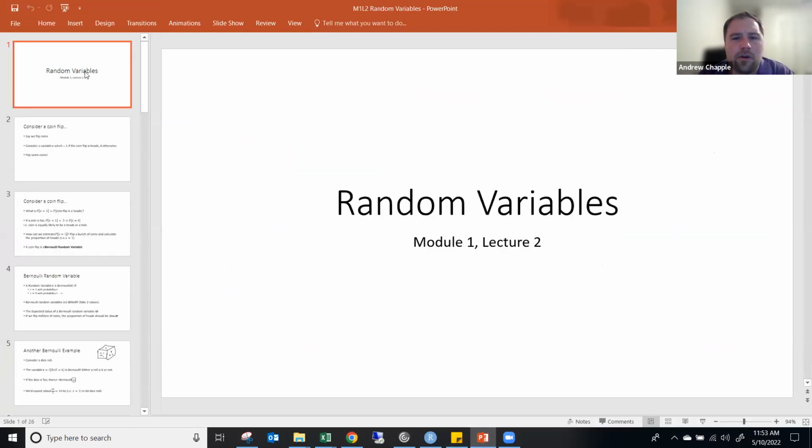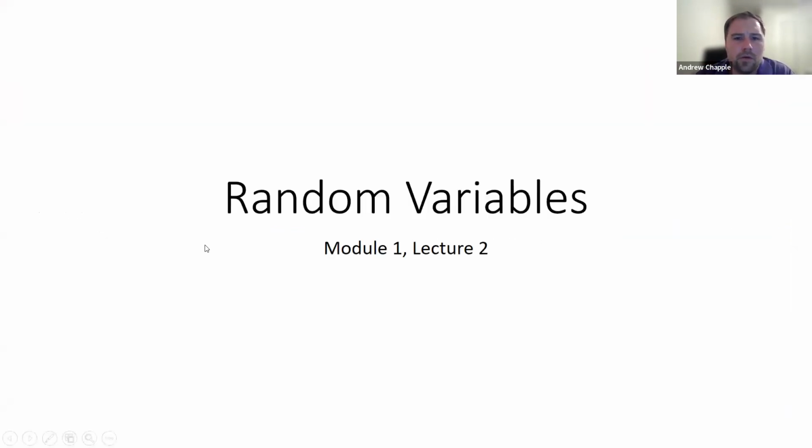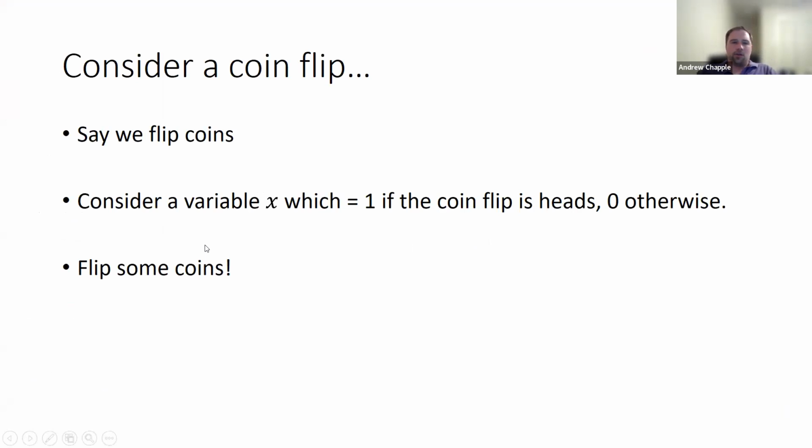So random variables. Consider a coin flip. Let's say we flip coins. And remember, last class we talked about not being afraid of X's and Y's. Those are just variables. Those are values. You could have x_i, that's the ith value here. So consider a random variable X that takes a value 1 if you flip a coin and it's heads, and 0 otherwise.